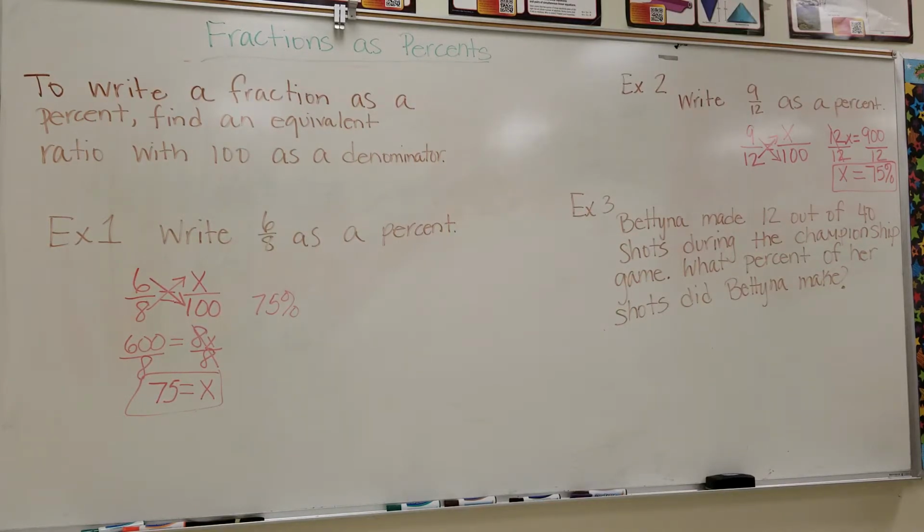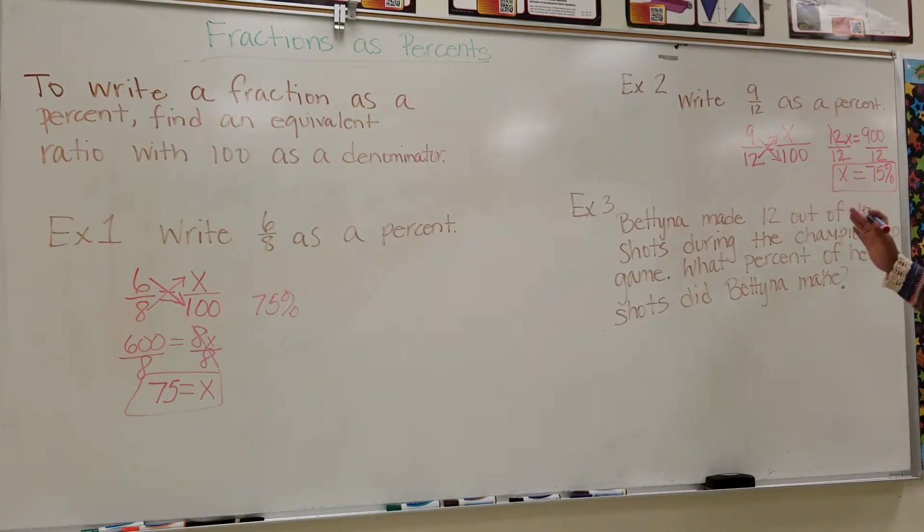And our last example, Bettina made 12 out of 40 shots during the championship game. What percent of her shots did Bettina make? Okay, remember, always read word problems over and over until you understand what they're trying to tell you, and you understand what they want you to do.